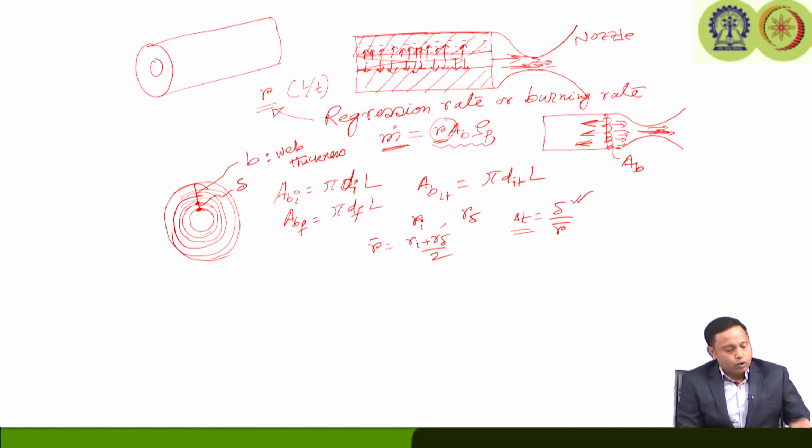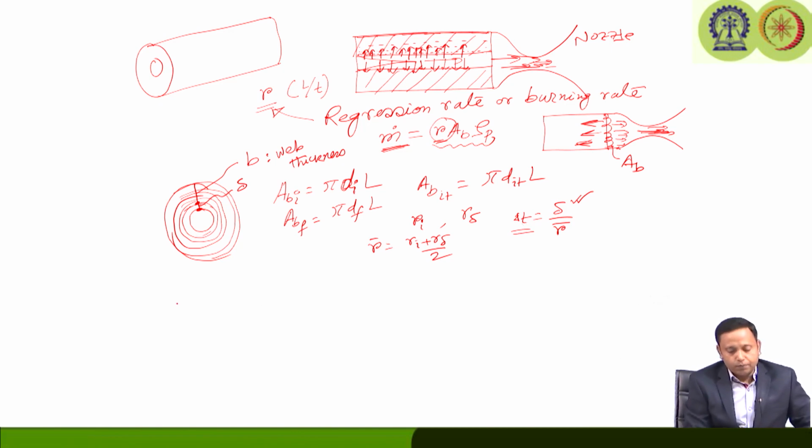Okay. So, definitely one can look at various grain configurations and try to analyze things by considering the burning rate. We will look at very simple configurations, like the circular one, which is the cylindrical grain configuration. So, we can actually get the time duration taken for delta thickness to burn.